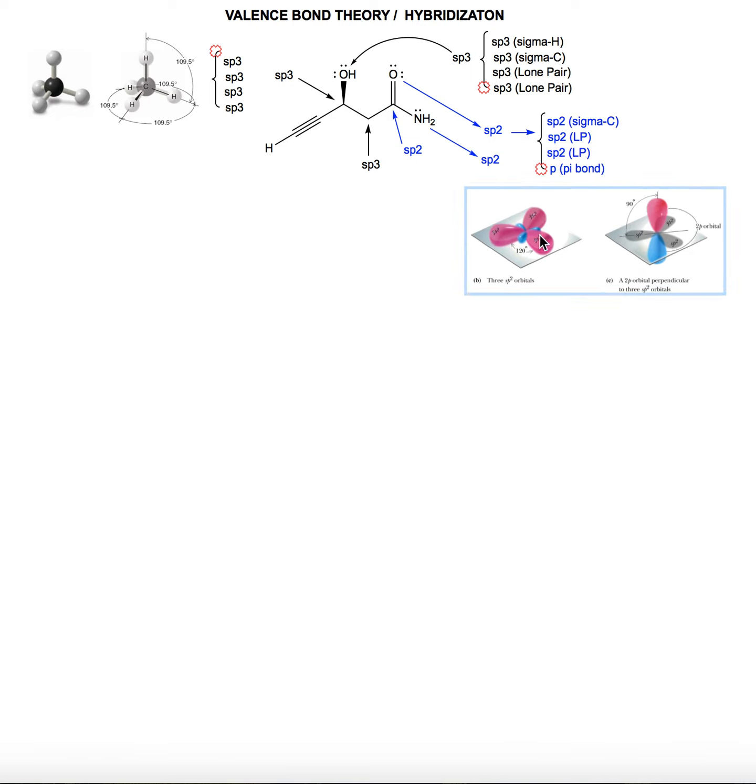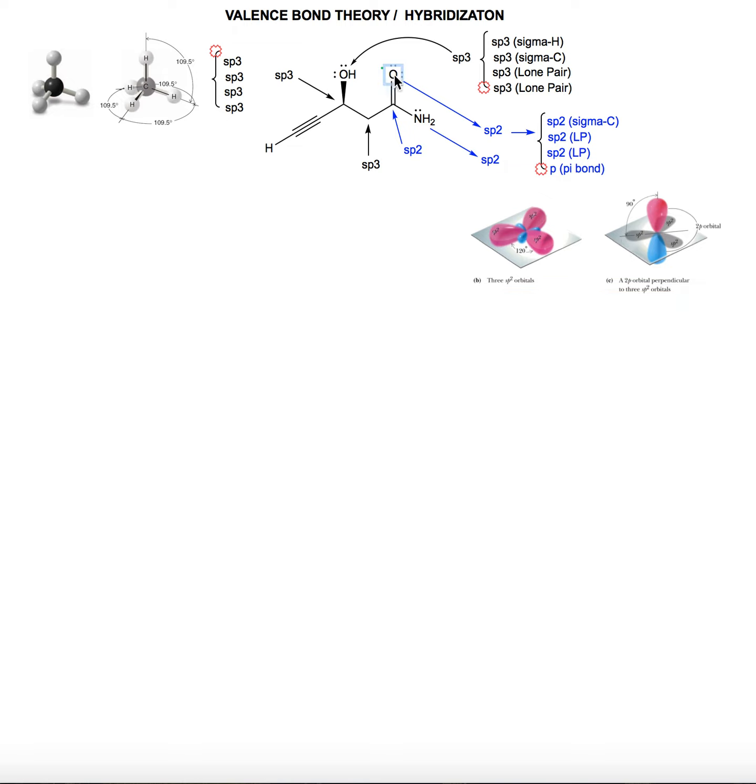So the three sp2 hybrid orbitals are forming an angle of 120 degrees between them, and then perpendicular to these three hybrid orbitals, you have the p orbital, which is used for the pi bond. The angle, once again, between the pi bond and the sigma, and the sp2 hybrid orbitals is 90 degrees.